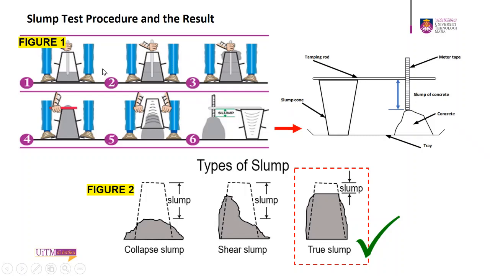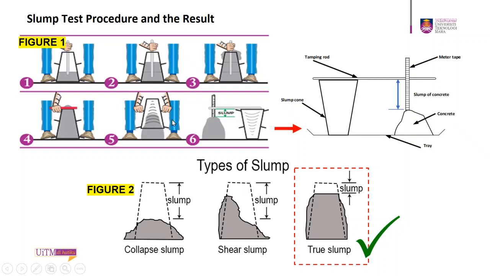Each layer is rodded 25 times to ensure compaction. The third layer is finished off level with the top of the cone. The cone is carefully lifted up, leaving a heap of concrete that settles or slumps slightly.